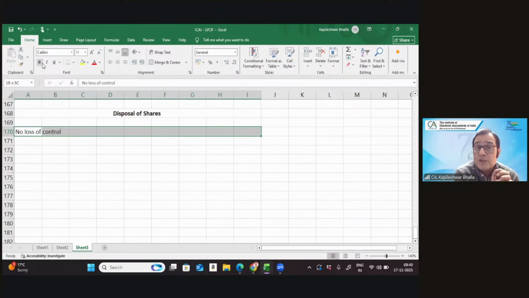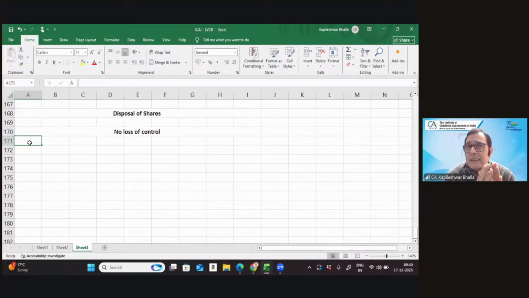Now, when there is no loss of control, let me put some questions to you. In this case, what is going to change from the consolidated financial statements point of view? The consolidation will still be done. Because when there is no loss of control, you were consolidating earlier and you're still consolidating.